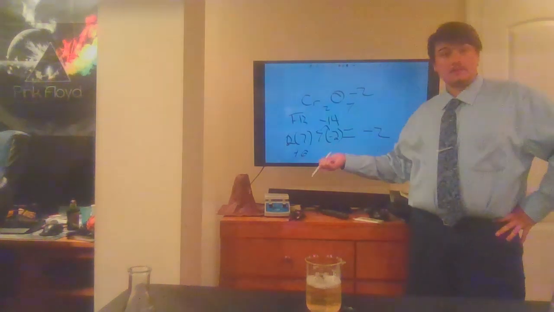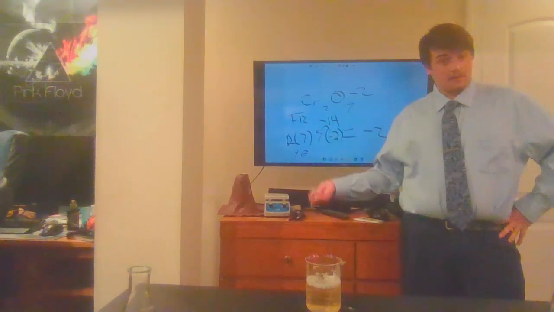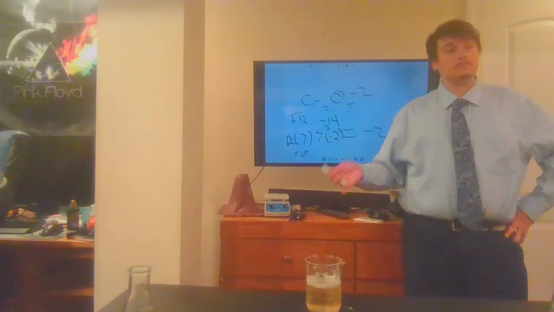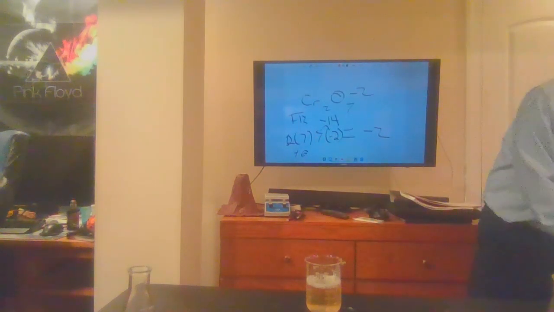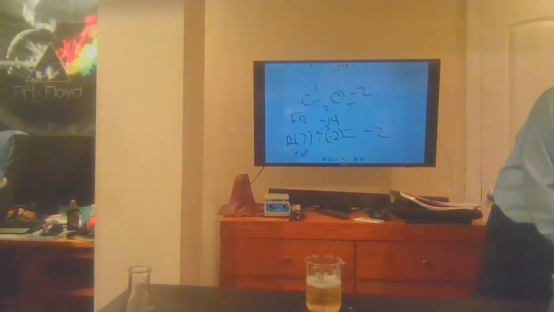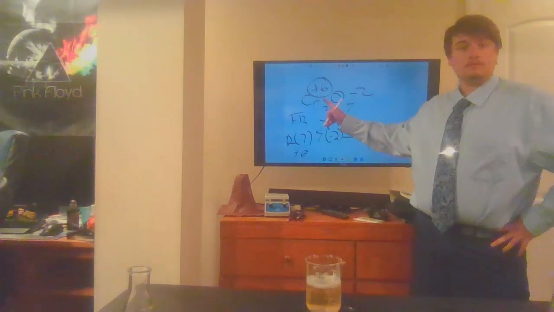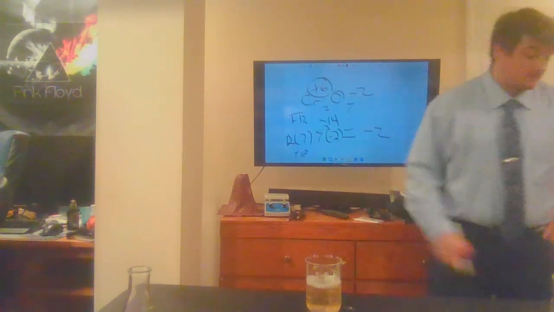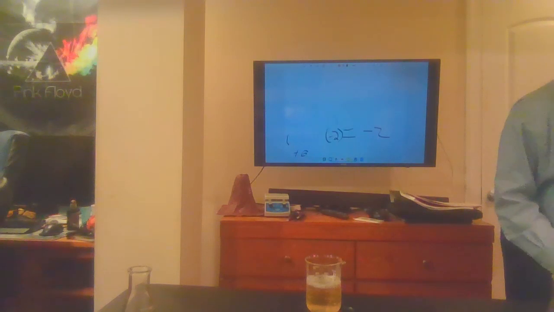So positive 6 times 2 will give us 12. 7 times negative 2 is -14. 12 plus -14 equals -2. So the charge for the chromium has to be positive 6, and the oxidation number has to be positive 6. All right, let's move on.